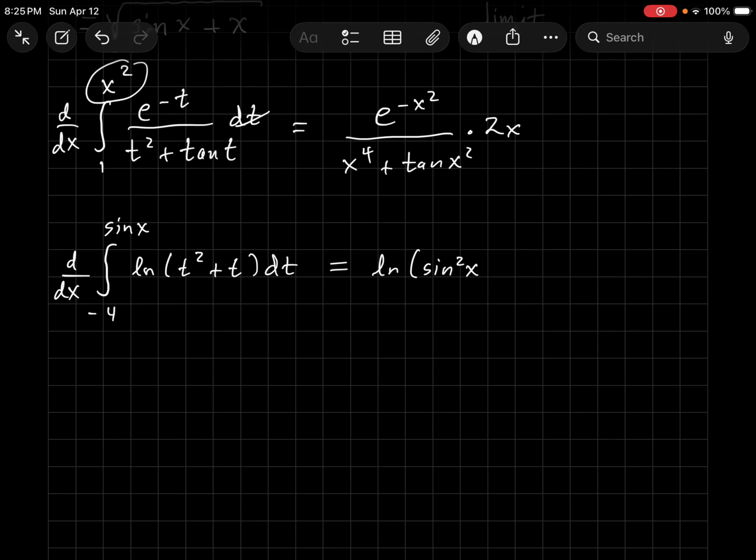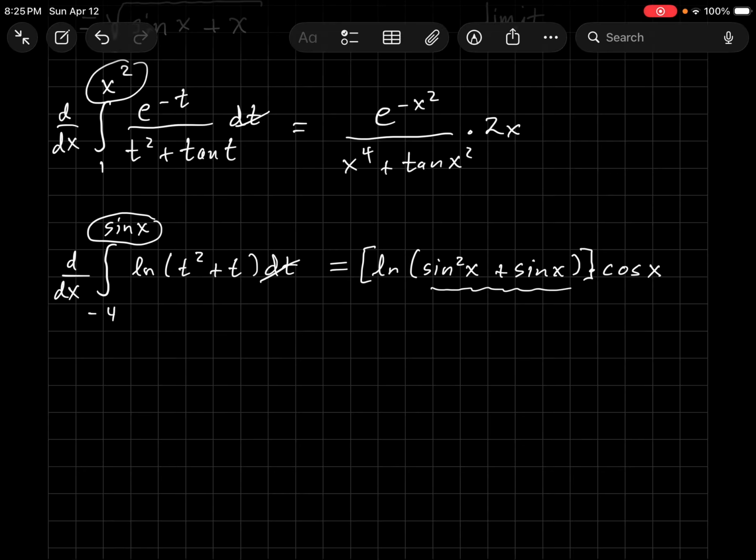We plug in sine of x for every t, except for the dt. And then we chain out as we multiply by the derivative of that upper limit. And that's our answer. I'll put extra parentheses here to let you know that the cosine is not part of the argument here. It's separate from it.